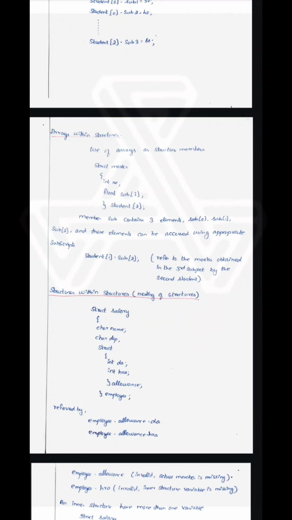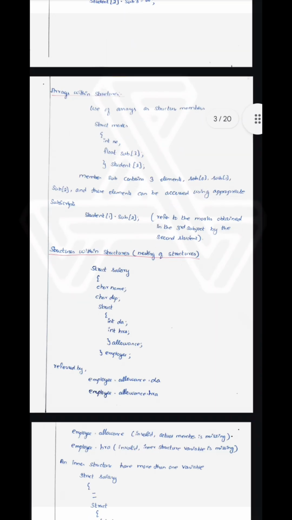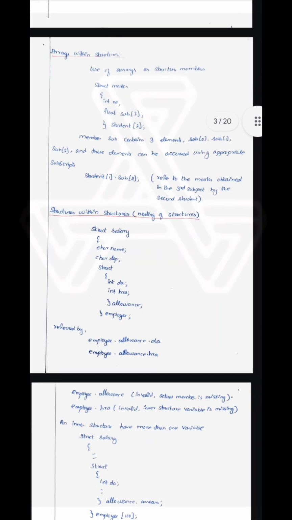These elements are accessed using the appropriate subscript. student[1].sub[2] refers to the marks obtained in the third subject by the second student.